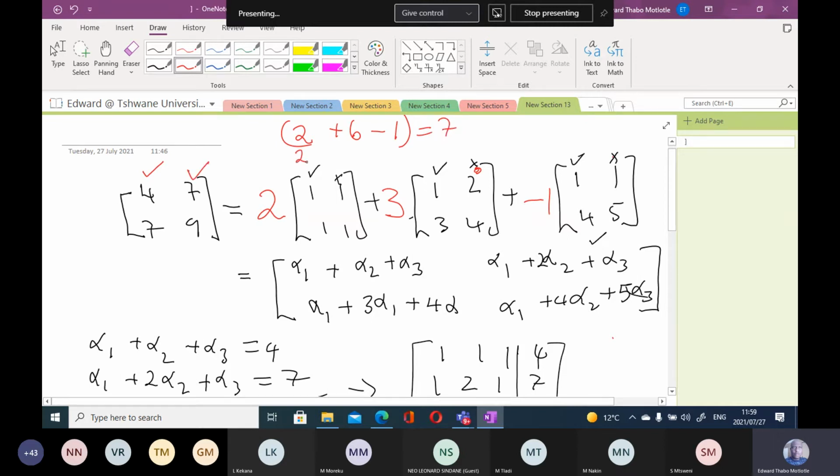I'm writing them down. 2 plus 9 minus 5. Let's see. So this is 11. No. Something is wrong. This is 2 plus 9 minus 4.